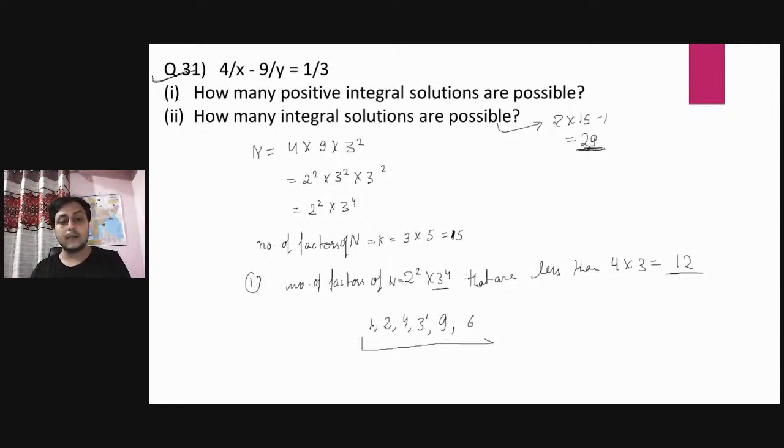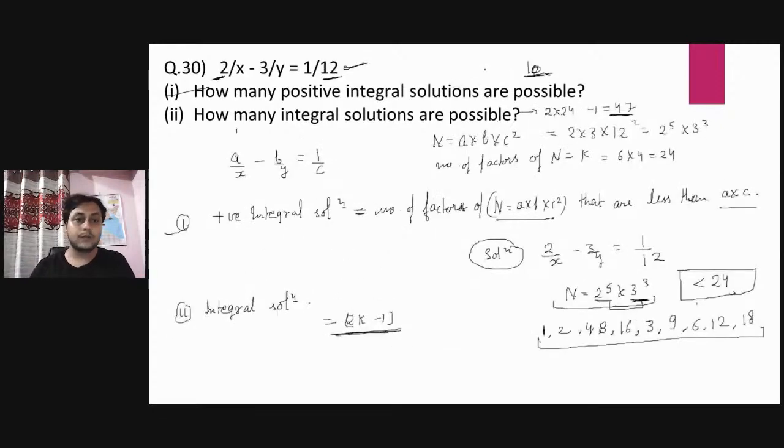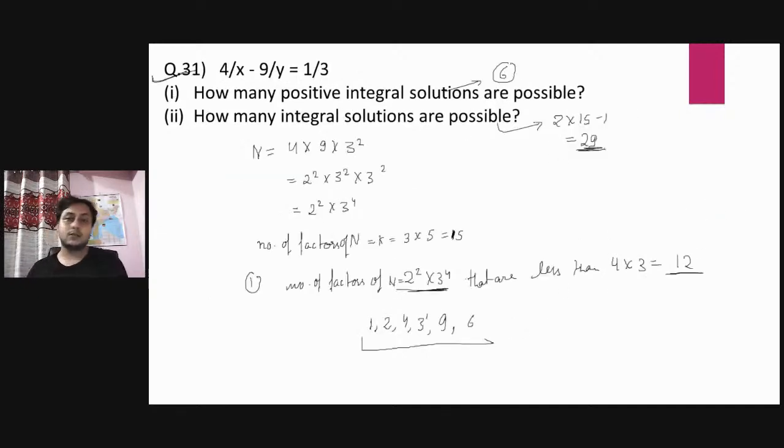Means 6 factors are less than 12. So the answer of this one should be equal to 6, because as we know the number of positive integer solutions should be equal to the number of factors of this number that are less than AC, that is 6. So answer of this one is 6.